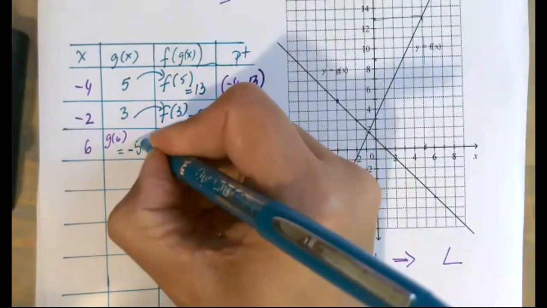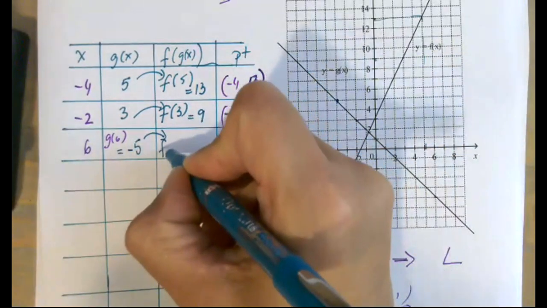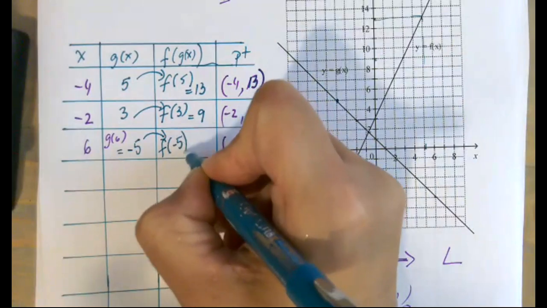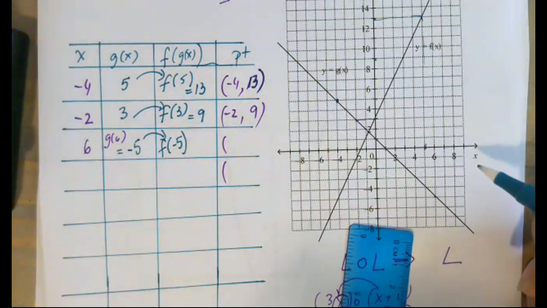Okay, first one good. Now, the next we're going to do is f of -5.